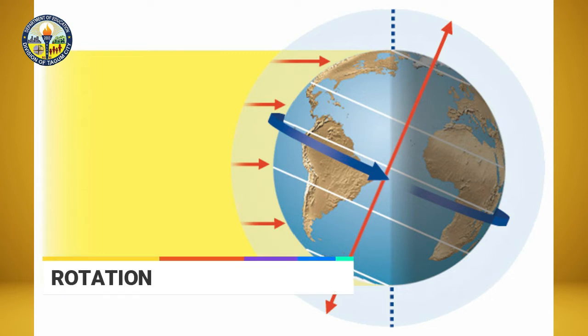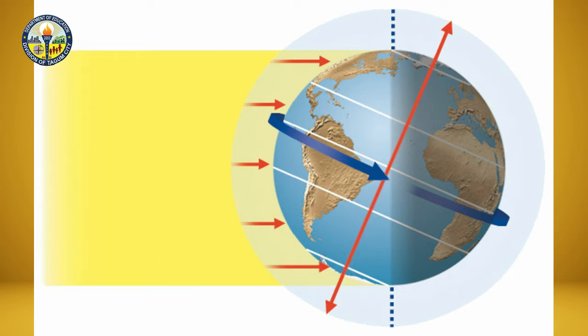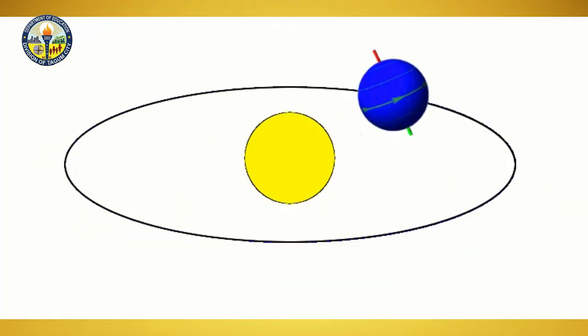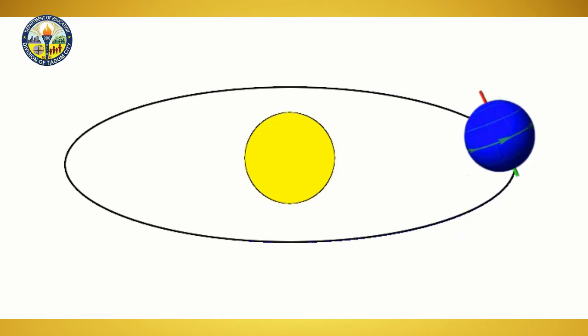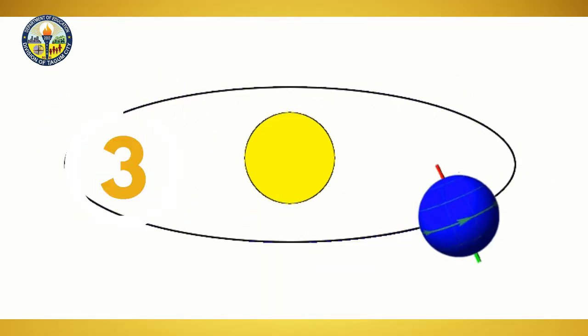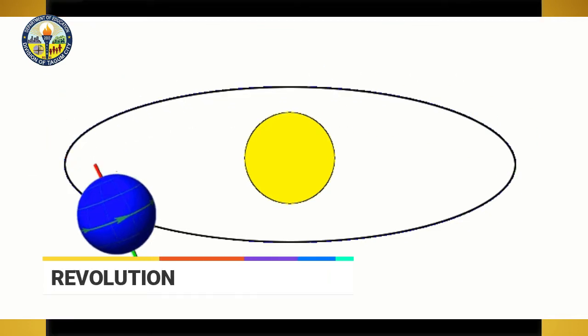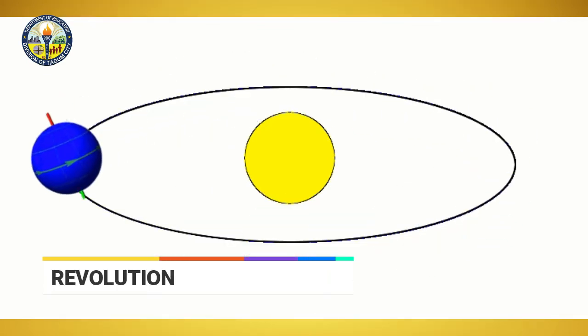You got it right, kids. It's rotation. The path of the Earth moving around the Sun is called orbit. Nice going, kids! This illustration shows revolution of the Earth.